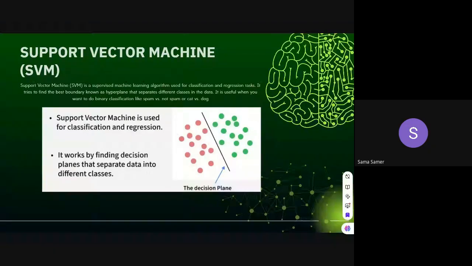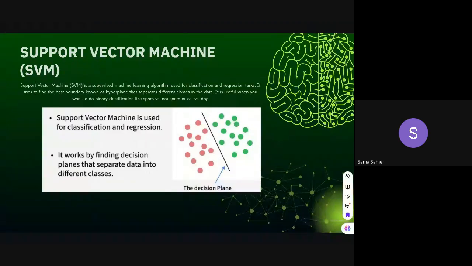Then we'll have a kernel. So what is a kernel here? A kernel is a function that maps data to a higher dimensional space. For a 2D classification, we use the normal 2D space. But if we have multiple class categories, we use a kernel.